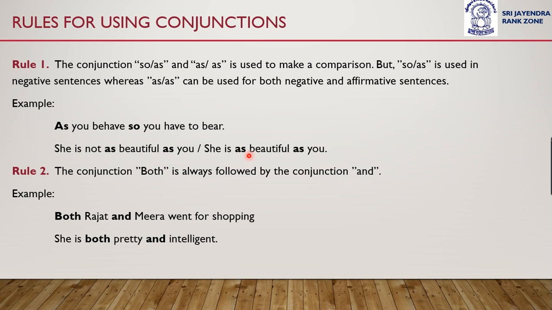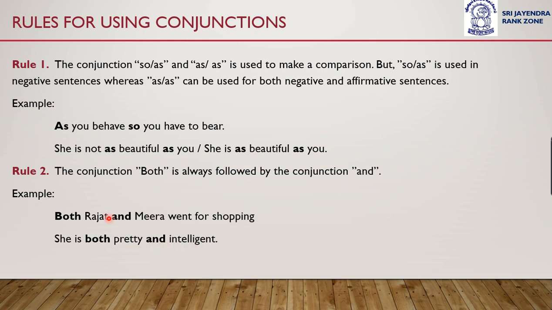Rule number two: the conjunction "both" is always followed by the conjunction "and". These are correlative conjunctions and therefore "both" must be followed by "and". For example, both Rajat and Meera went for shopping. She is both pretty and intelligent.